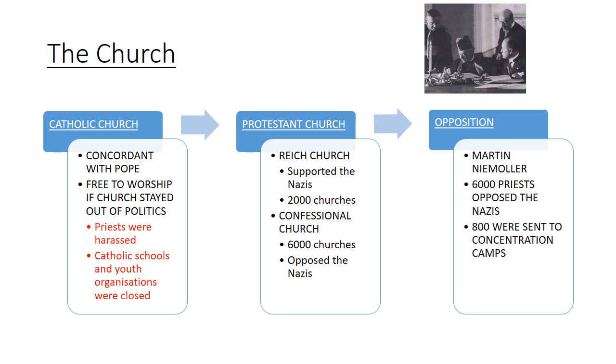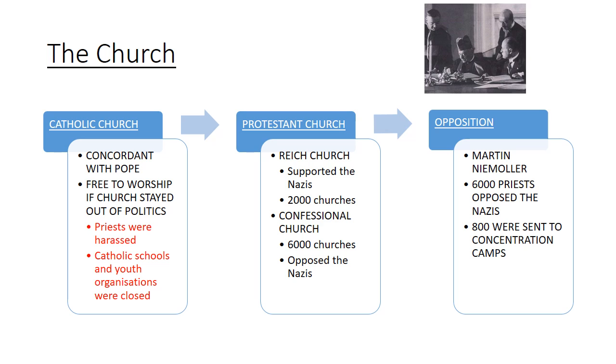Now, Hitler didn't keep his word about this. Priests were harassed, Catholic schools and youth organisations were closed, but really, that was an infamous agreement. I mean, the Pope did later on criticise the Nazi party, but by that point the damage was done.